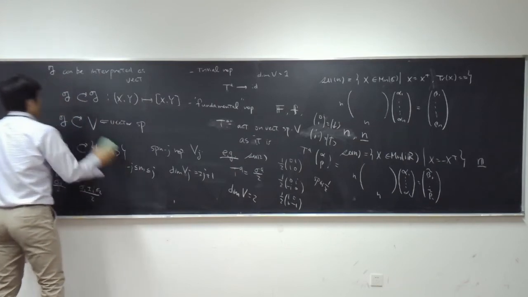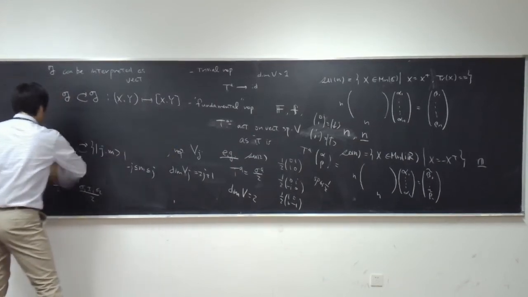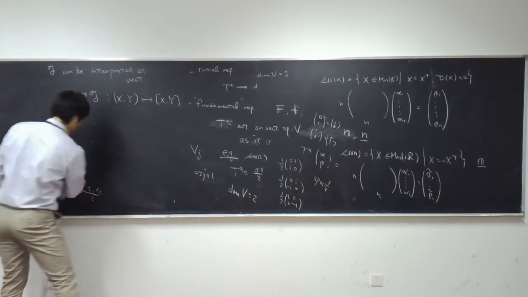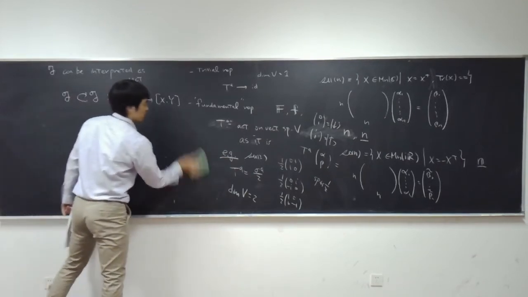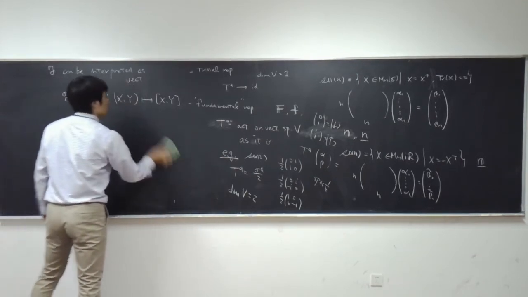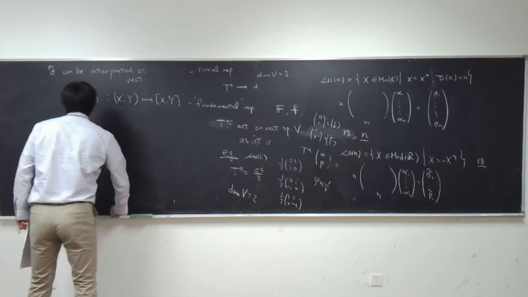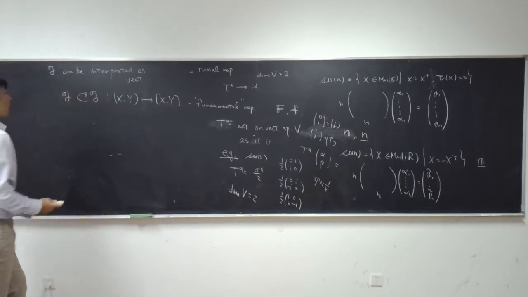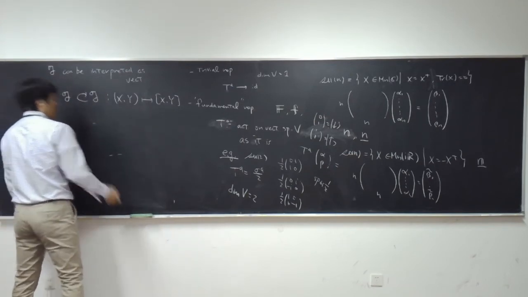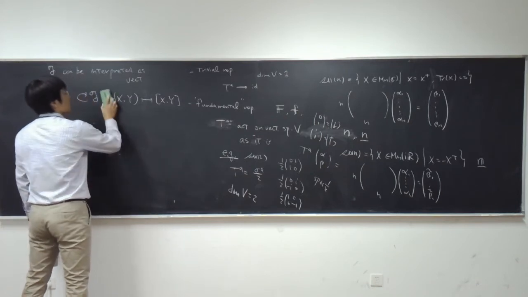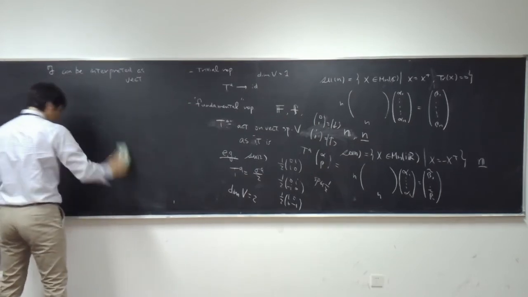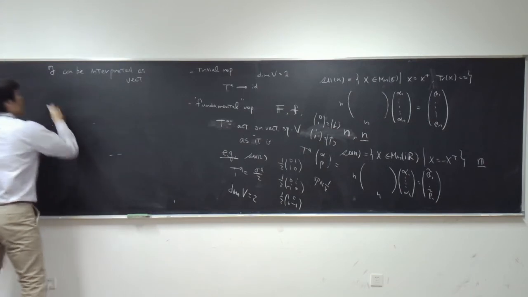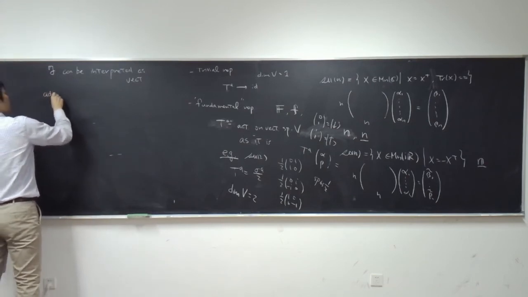So it's called the adjoint representation.